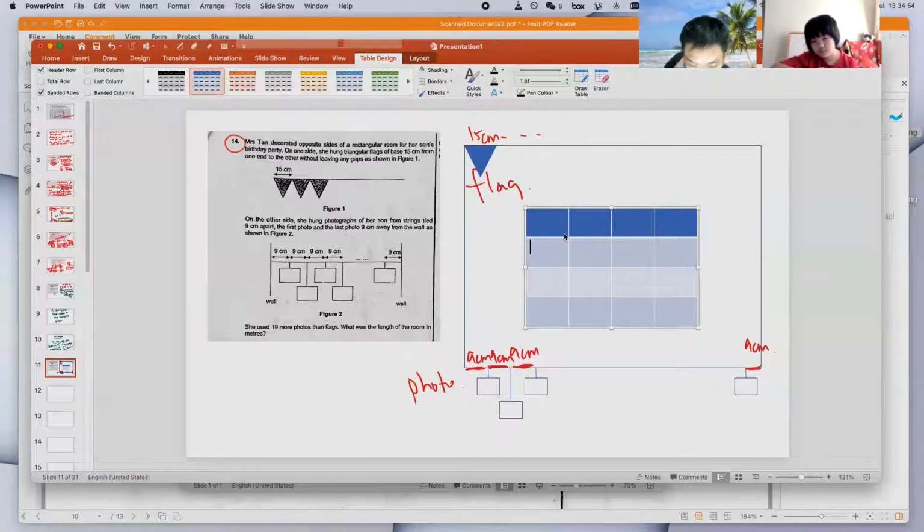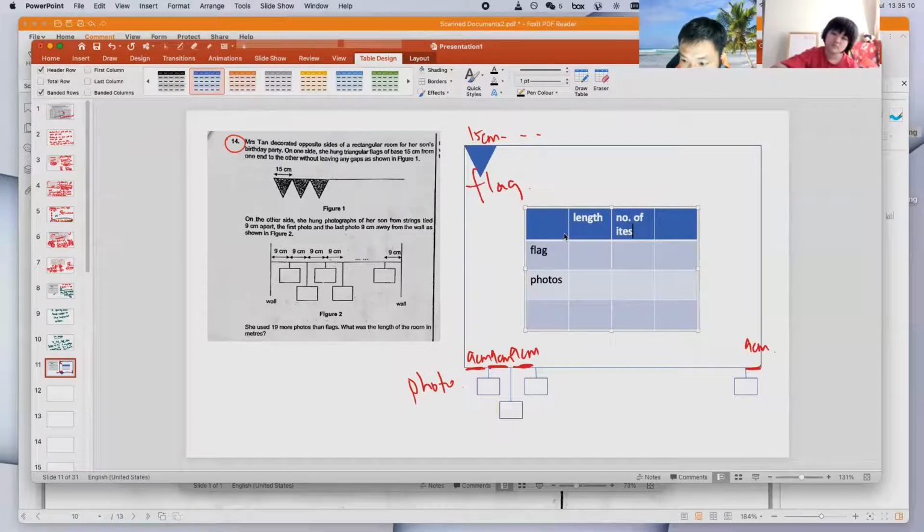Okay, this is flat. This is photo. So this is length, and this is number of items. So this is total length. Good. So for flat it is 15. For photo it is 9.